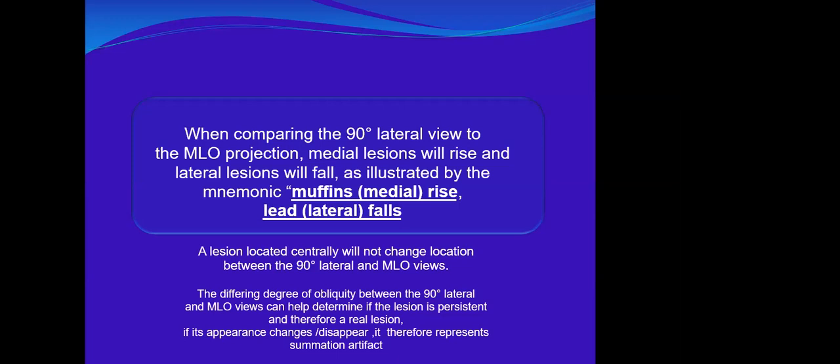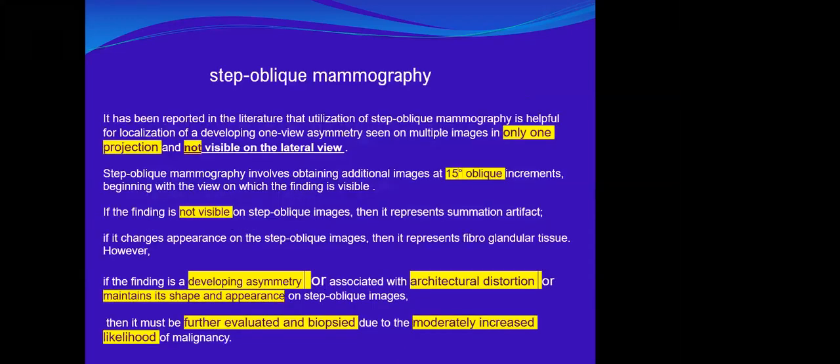But before tomosynthesis, we have what we call step oblique mammography. In the previous, from the oblique view, we shifted to 90 degrees. But if you shift to 90 degrees and still you could not see it, you can shift just 15-degree oblique.